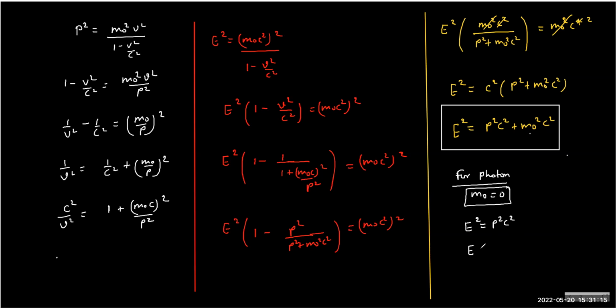Therefore E equals P into C, which means momentum is not just a property of massive particles, it is also a property of electromagnetic waves. When I say photon, it means EM wave. So momentum is something which is carried by non-massive particles.